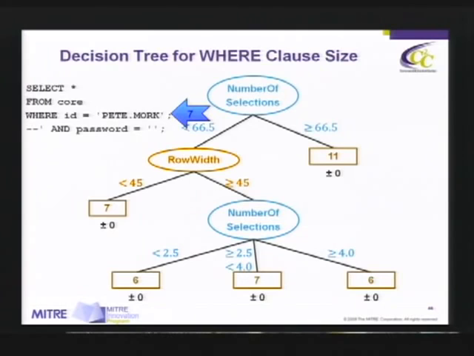I have no idea how "ID equals my name" is 7, that's the number it returns. A little bit of magic. But if we walk through this decision tree, the first thing we have to ask is, how many columns are being returned by the select clause? It's 129, we knew that from the attacks. So we follow this branch. 7 does not fall within this 11 plus or minus 0 range that we've identified as being what we expect to see. So the attack fails.